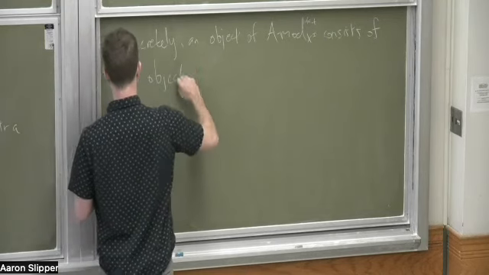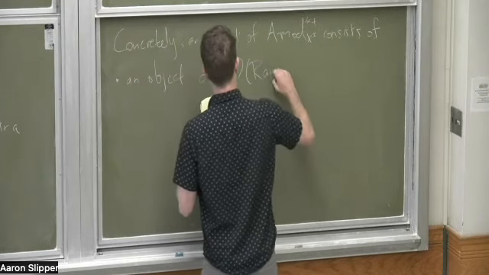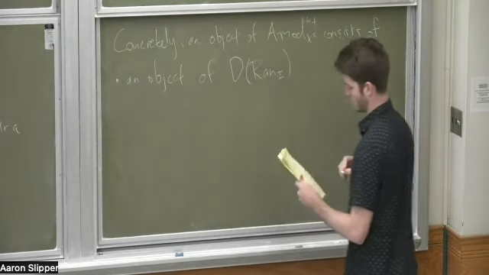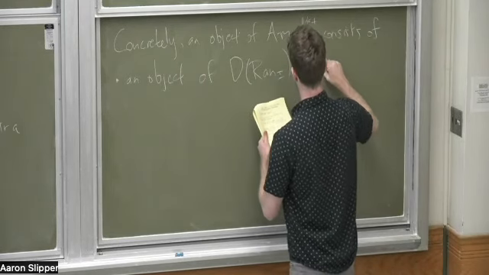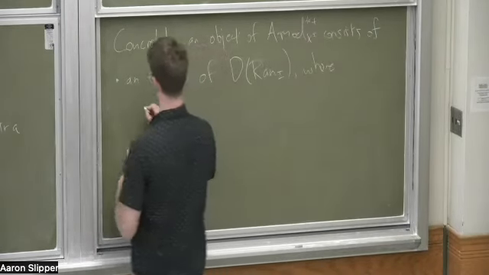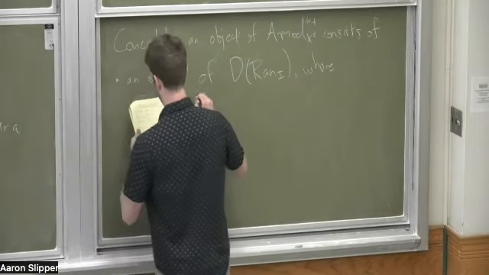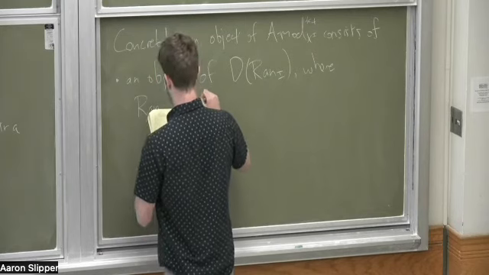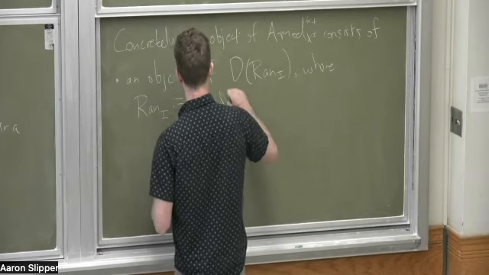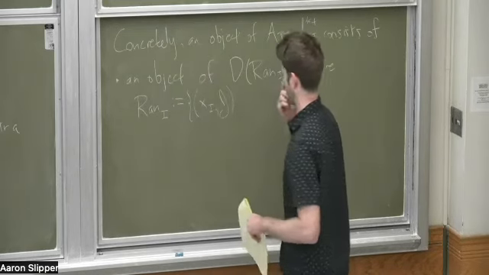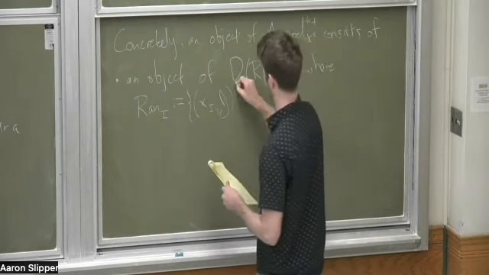First of all, we're given an object M of the D-modules on marked Ran space. Let me explain what this means. Ran_I here is the following slight variant of the Ran space, a prestack. It classifies a subset of the curve together with an I-tuple of marked points.